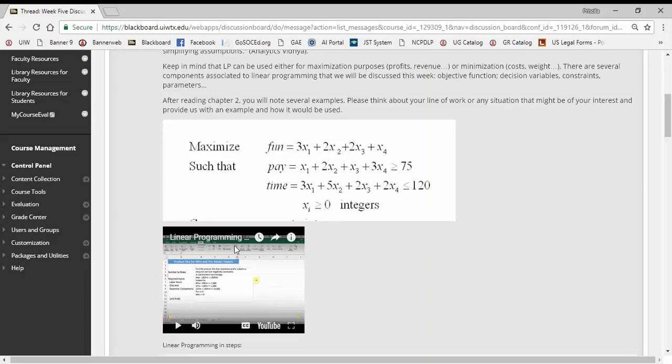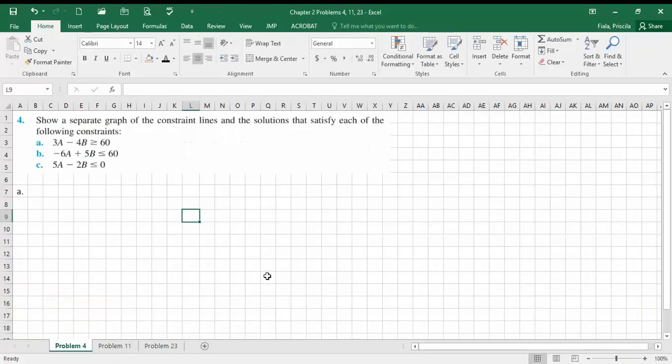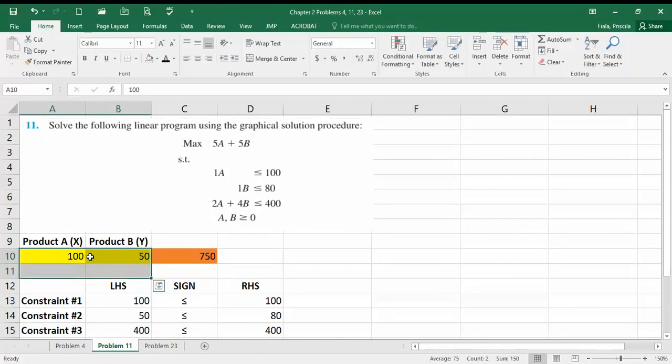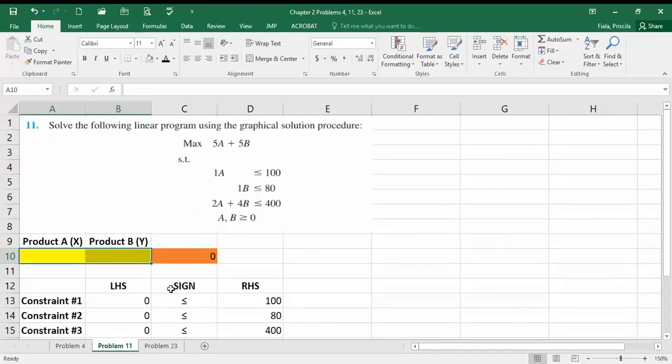I have also provided a video over here. However, the video is using Solver, which I am going to show you how to use as well. But the reason why we're going to go through all this trouble is to really learn how to graph, and once you graph, how to determine which part you're maximizing or minimizing, and lastly, which one is going to be the optimal solution.